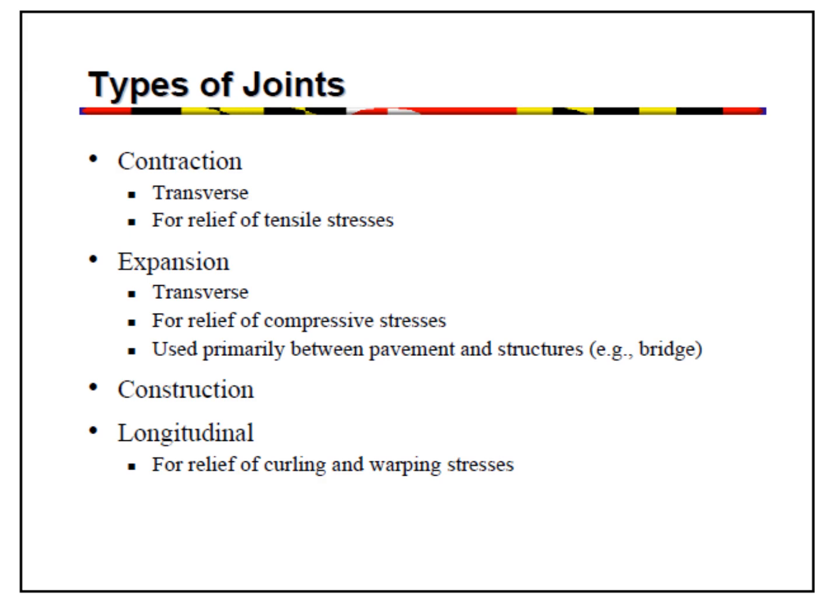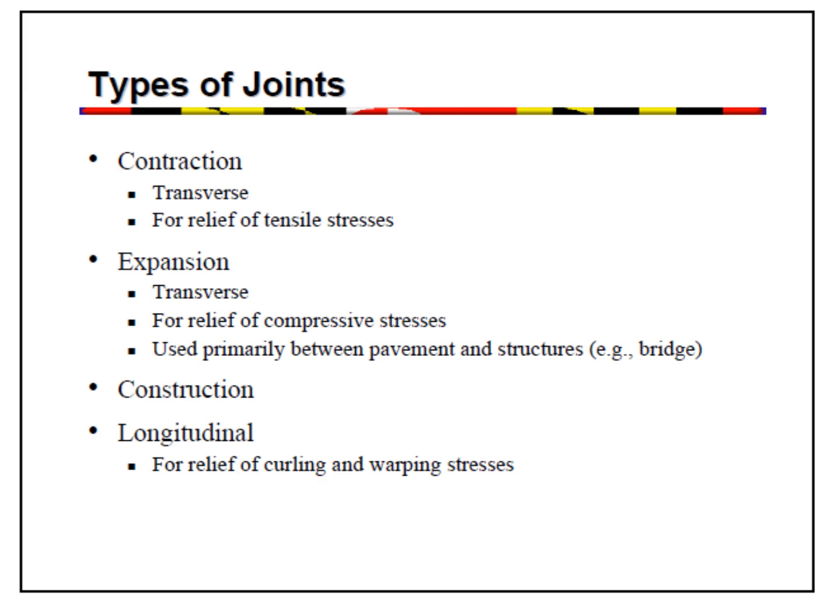Skewed joints are cut at obtuse angles to the direction of traffic flow to help with load transfer. If the joint is properly skewed, the left wheel of each axle will cross onto the leave slab first and only one wheel will cross the joint at a time, which results in lower load transfer stresses.